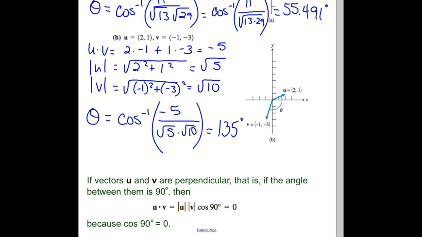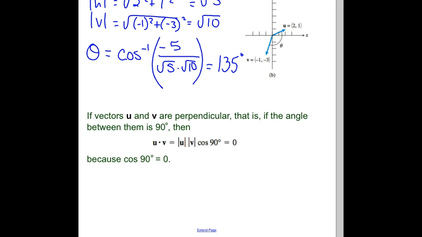It says if vectors u and v are perpendicular, that is if the angle between them is 90 degrees. We said the cosine of theta is the dot product divided by the magnitudes, right? So could we multiply these magnitudes over here? Okay, that's what they're getting here. The dot product of u times v would be the two magnitudes times the cosine of the angle in between.